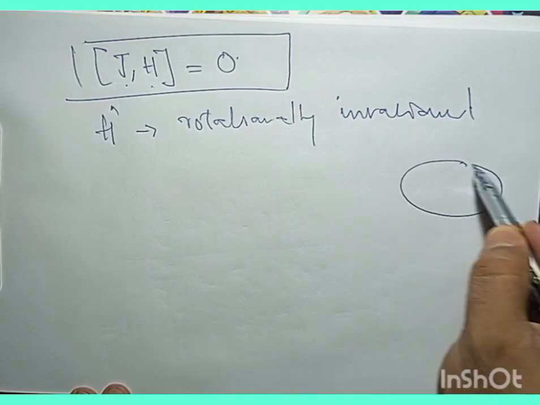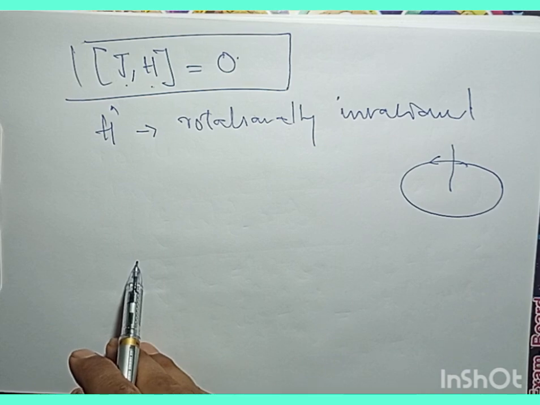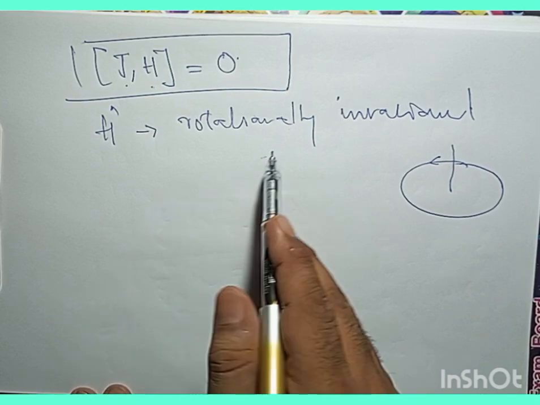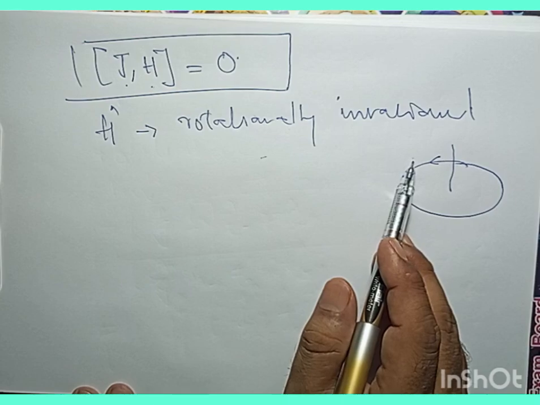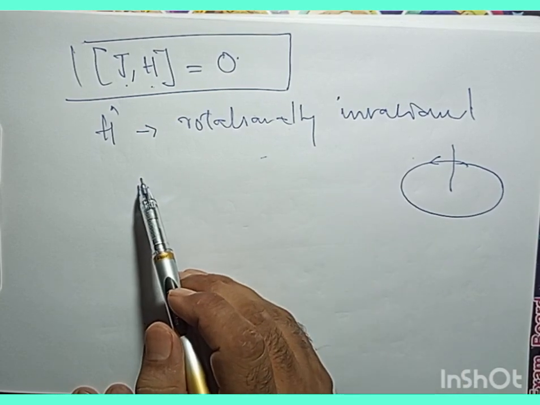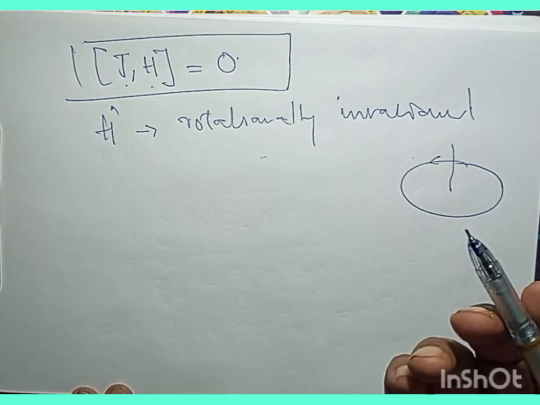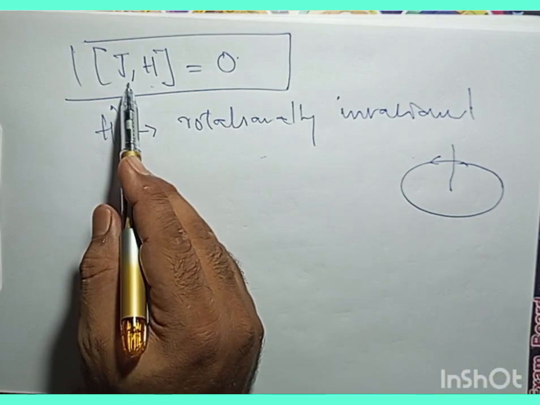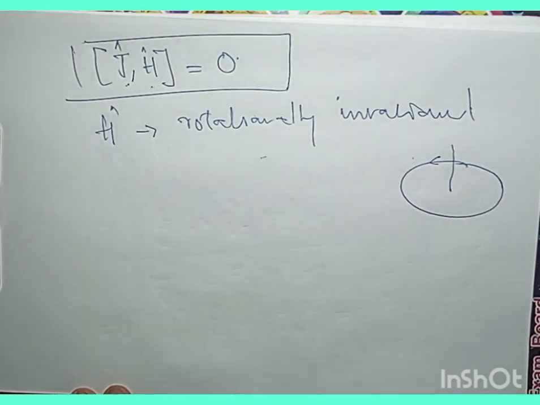You have a system, you rotate it, and this Hamiltonian does not change. That's what's meant by rotationally invariant. So what we have is J cap and H cap is equal to 0.